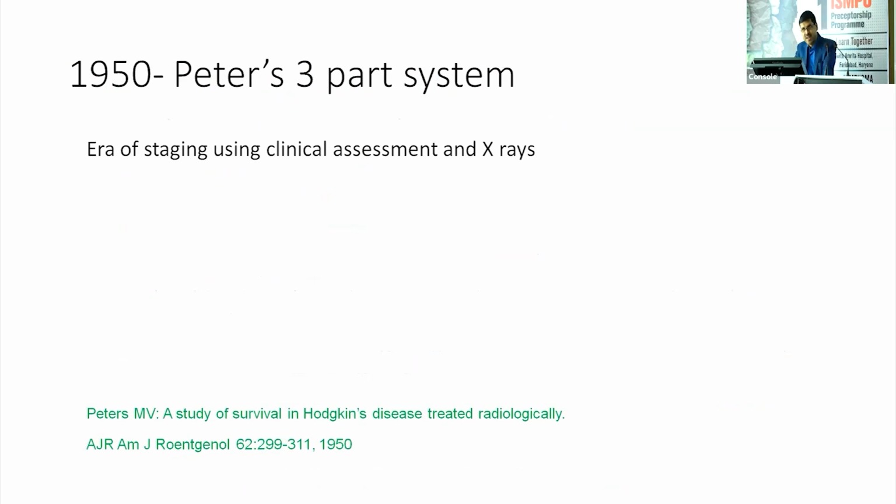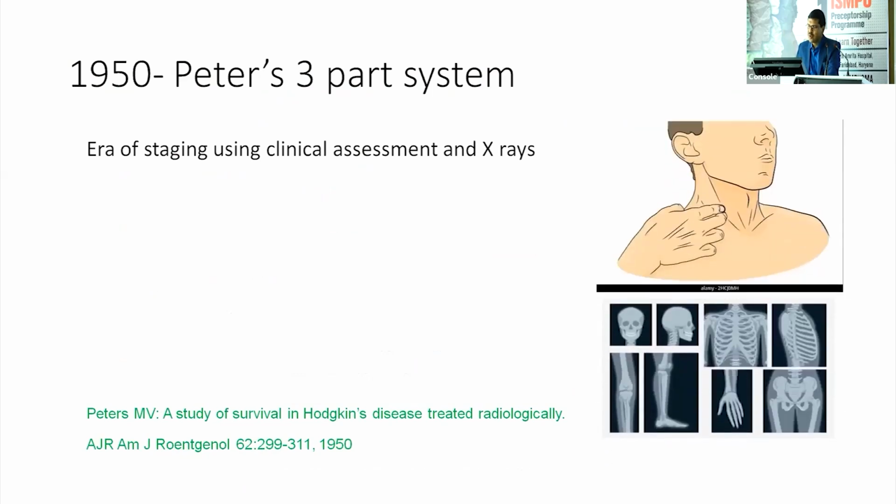This was an era when clinicians had their hands, maybe a stethoscope or maybe some X-rays. So in this era, whatever staging was possible was because of these 2 or 3 tools. As a result, the staging was limited to very, very gross and basic things. The paper was published in 1950, and this is a study of survival in lymphoma treated radiologically, meaning thereby treated with radiotherapy.